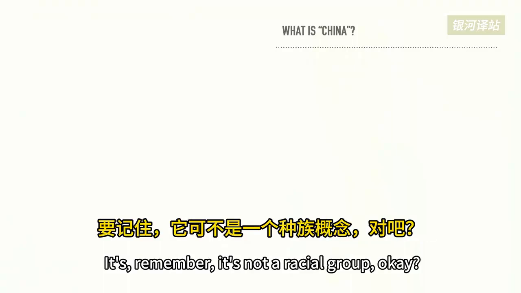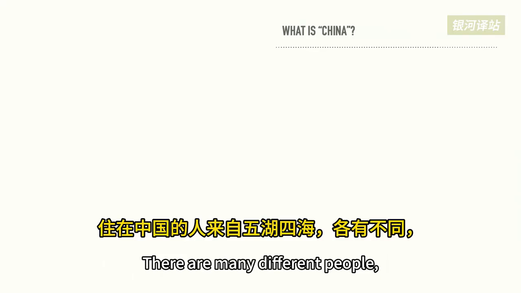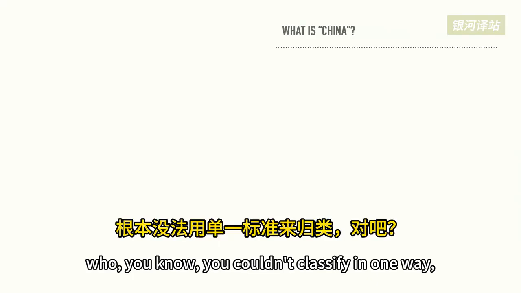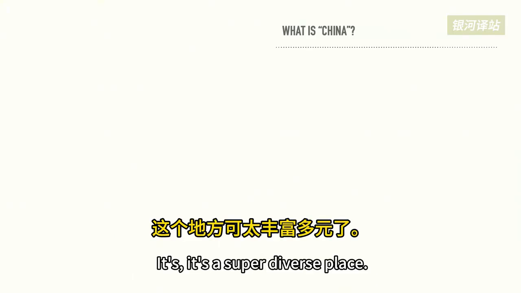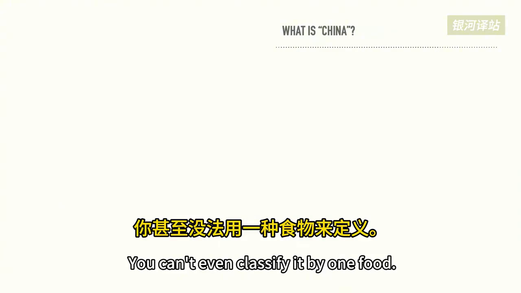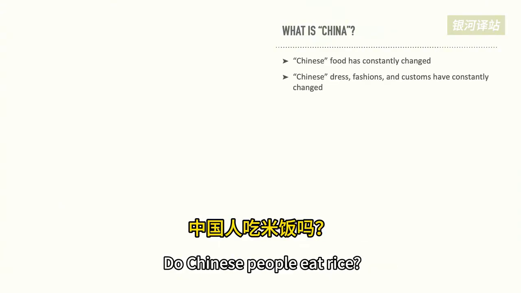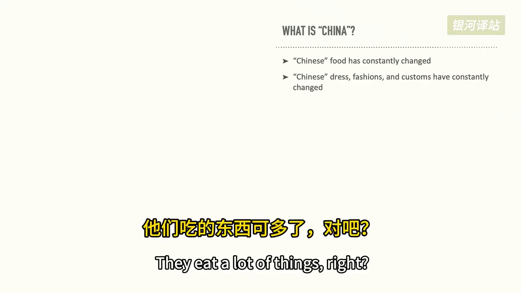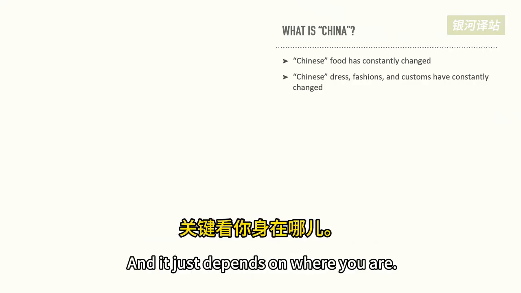Remember, it's not a racial group, okay? There are many different people who live in China whom you couldn't classify in one way. It's a super diverse place. You can't even classify it by one food. Do Chinese people eat rice? Do they eat noodles? They eat a lot of things, right? It just depends on where you are.